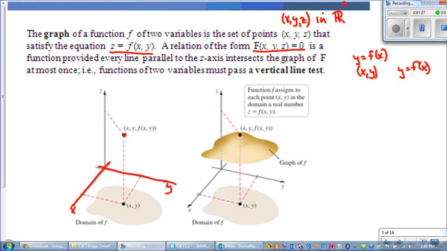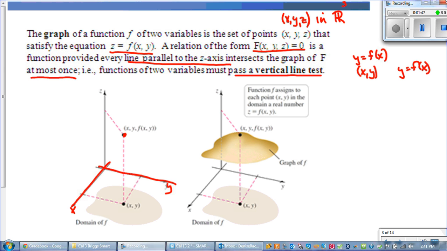So this will be a function if every line parallel to the z-axis intersects the graph of f at most once. In other words, for each point (x, y) in the domain, there will be a unique z value. And so that means that it's passing the vertical line test.